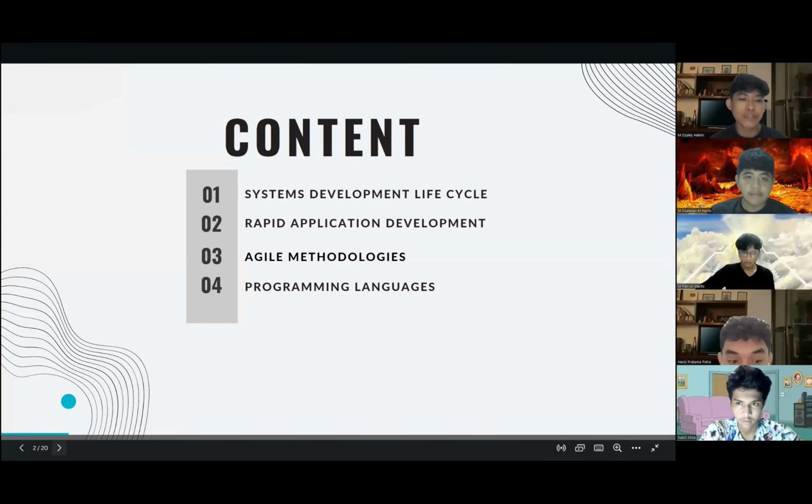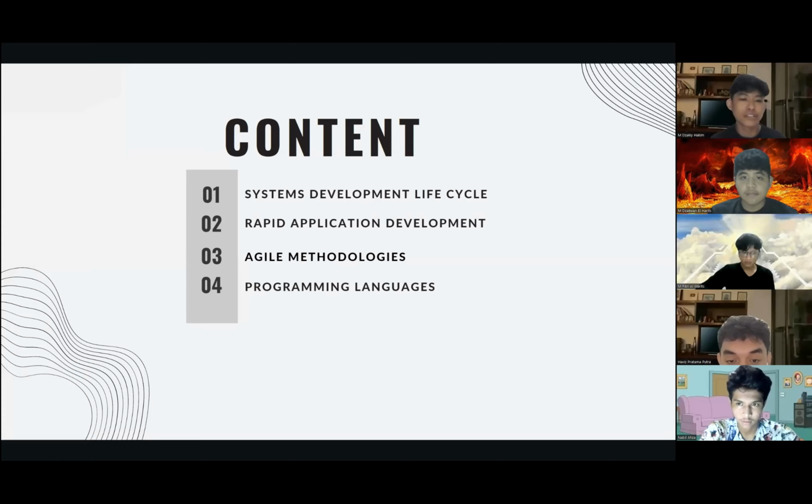There are four contents in our presentation. First one is system development lifecycle, and then rapid application development, and the third one agile methodologies, and the last one is programming languages. And the first content will be explained by Nabil Azza. Nabil, time is yours.